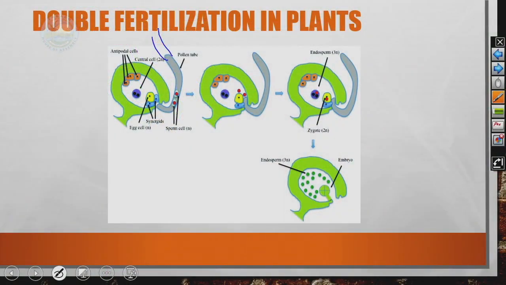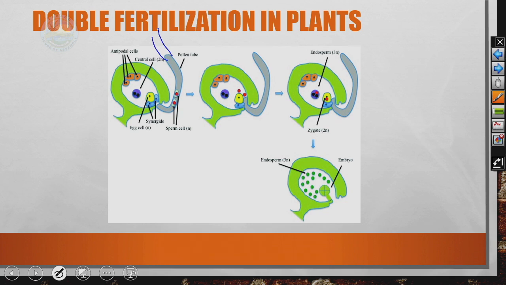You should have had the pollen germ tube cell at the front, but that will eventually break down. Once it's finished its job of forming the pollen germ tube, it has no other role to play, so it eventually will break down. These 2 sperm cells, each of which is haploid, they will now do their work.